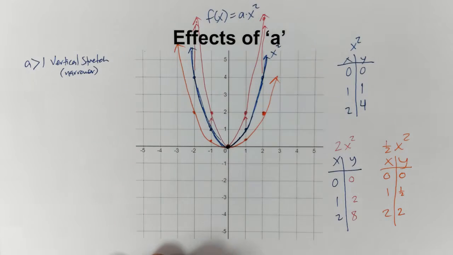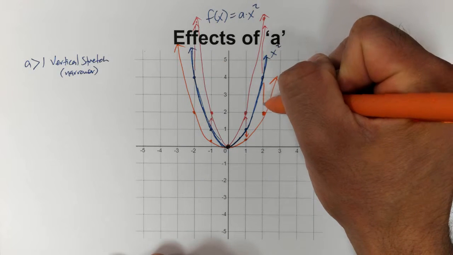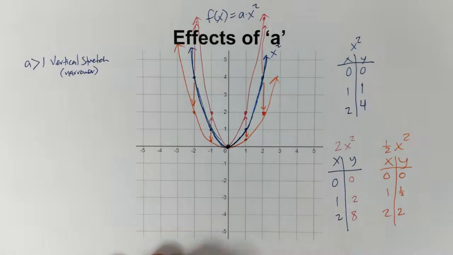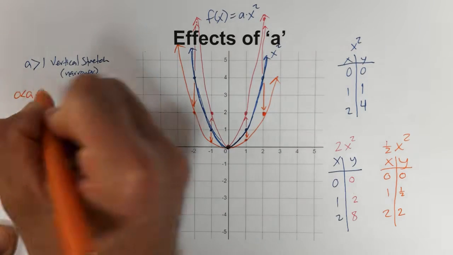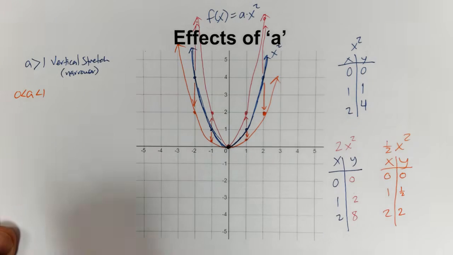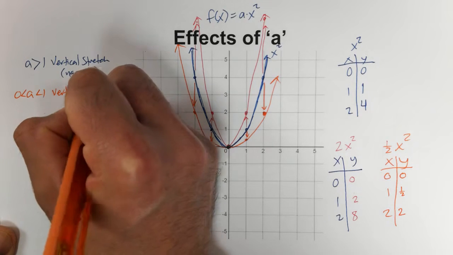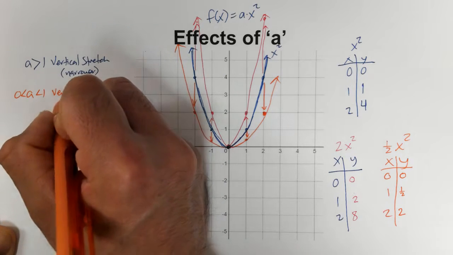As you can see, this point was now pushed downward. It got compressed. So we call this a vertical compression, since a was a number between 0 and 1, let's say 1/2, 1/3, 1/4. In this case, 1/2. It got wider.